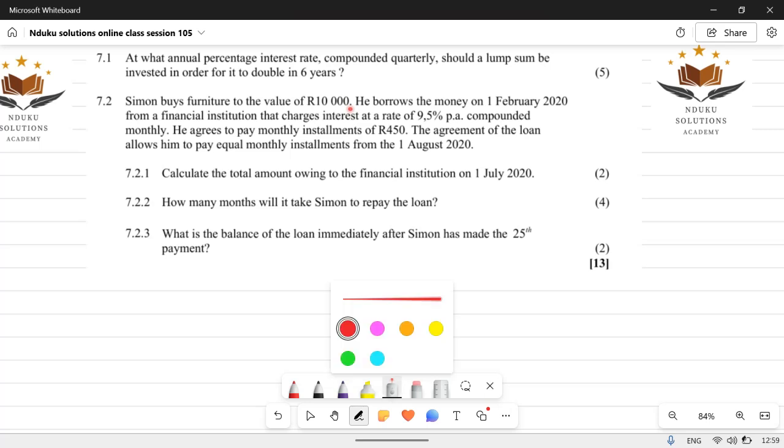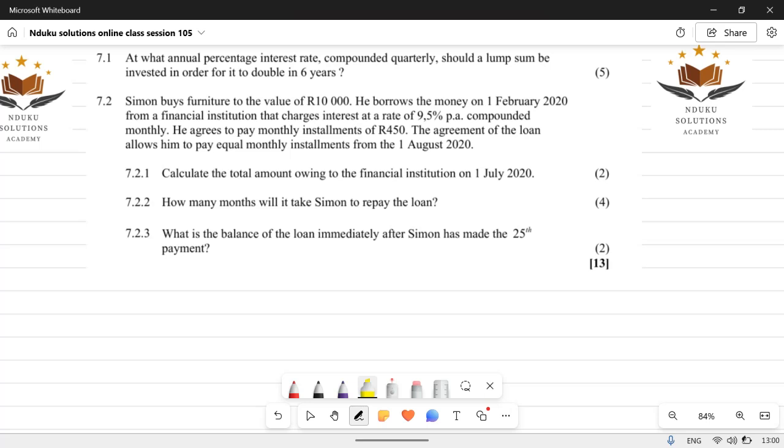Please, this is very important. You can also highlight it. You must always have your highlights every time. He agrees to pay a monthly installment of 450. The agreement of the loan allows him to pay equal monthly installments from the 1st of August 2020.